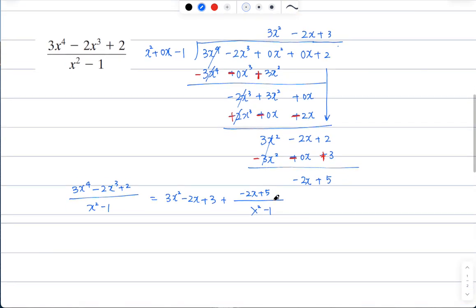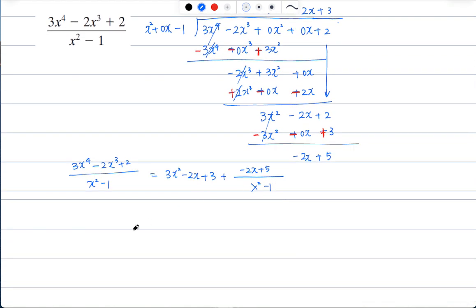Or I also can write it as shown previously, as the product of the divisor and the quotient. So the dividend, 3x fourth power minus 2x cubed plus 2, that's the original polynomial, equals the divisor x squared minus 1.